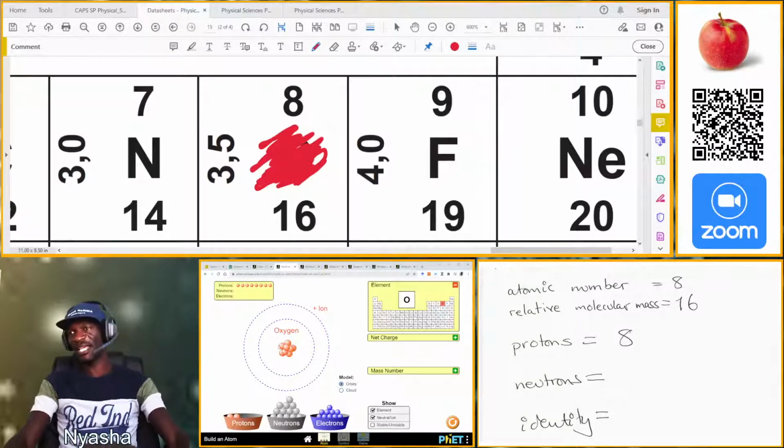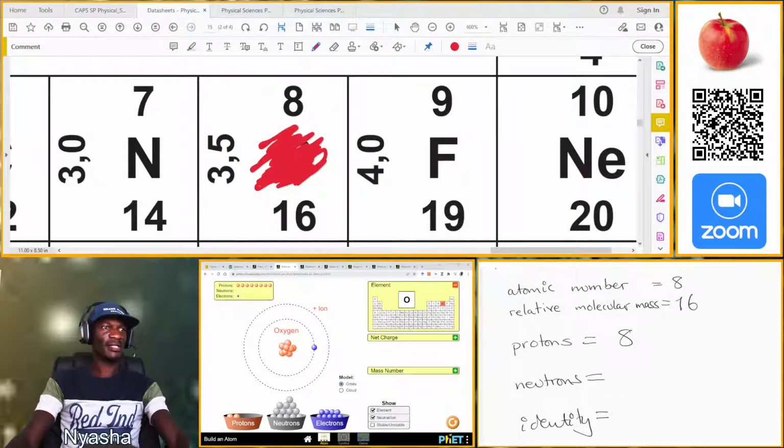So we now have 8 protons. Let's put in some electrons. 1, 2. We fill in the innermost shell first. Then we go 3, 4, 5, 6, 7, 8. So we now have a neutral set.